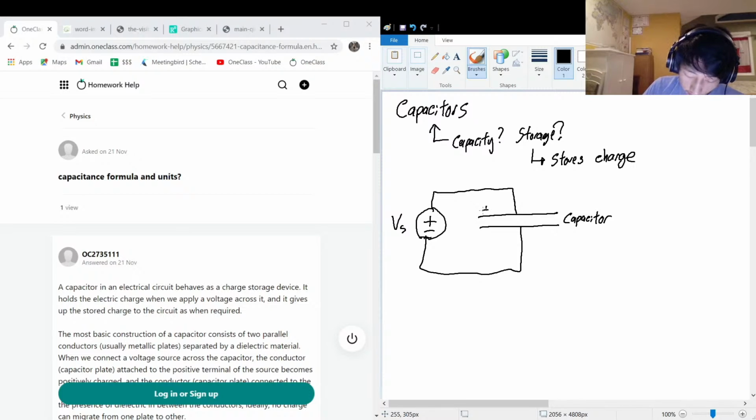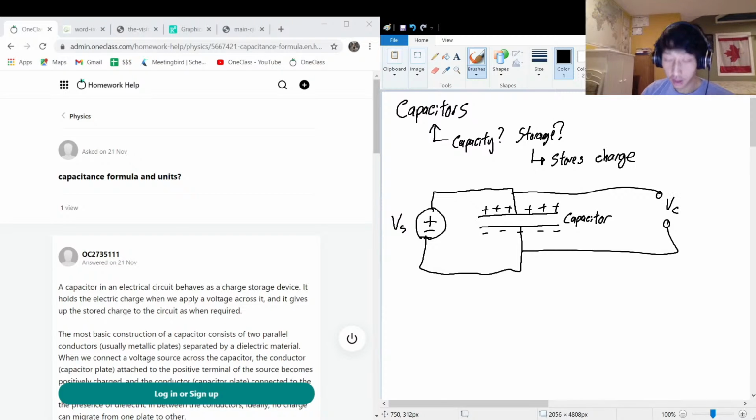So if we had positive charges accumulating there, and negative charges accumulating here, across those plates we're going to have a voltage like this. That could be V capacitor. Now, how will we find the capacitance formula?